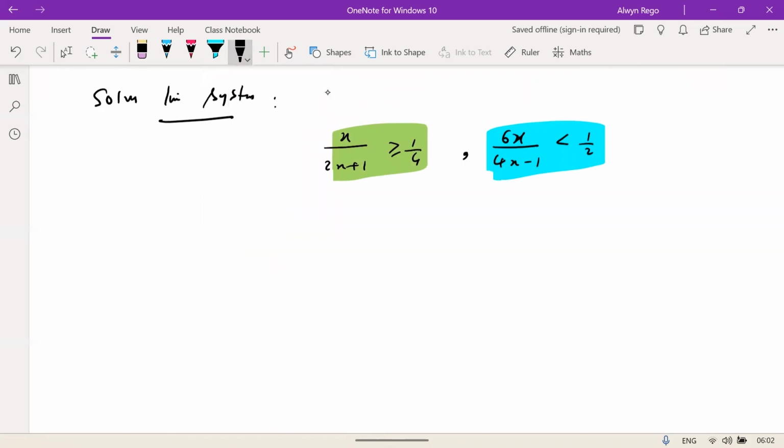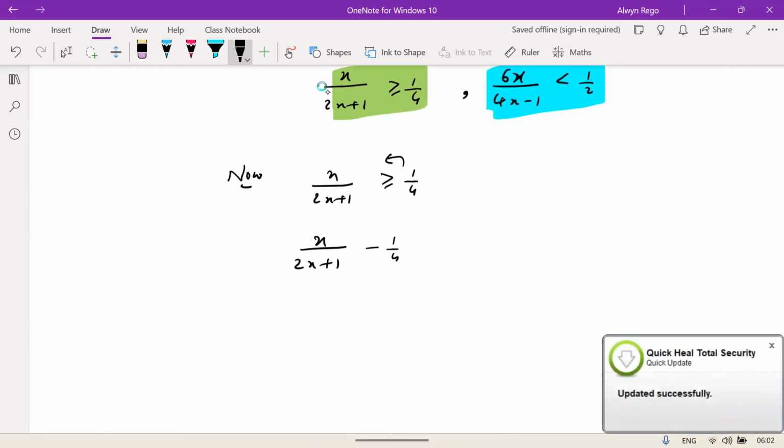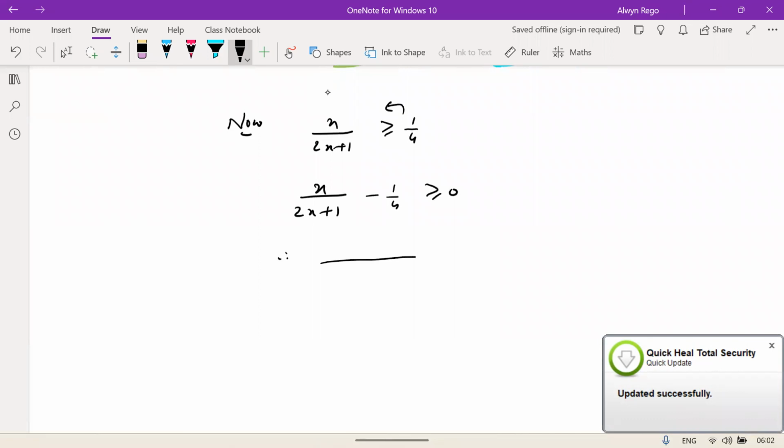So I'll take the first one here now. Now I consider the inequality x by 2x plus 1 is more than or equal to a quarter. Transpose, because I don't know how to compare with the quarter there. So x upon 2x plus 1, minus 1 upon 4 is more than or equal to 0. Therefore, take the LCM. Here you have 4 times 2x plus 1.